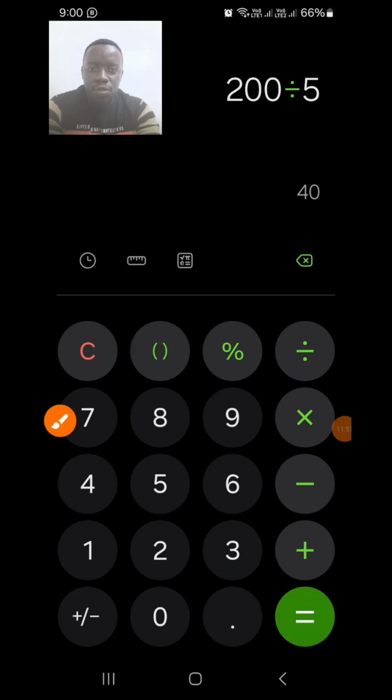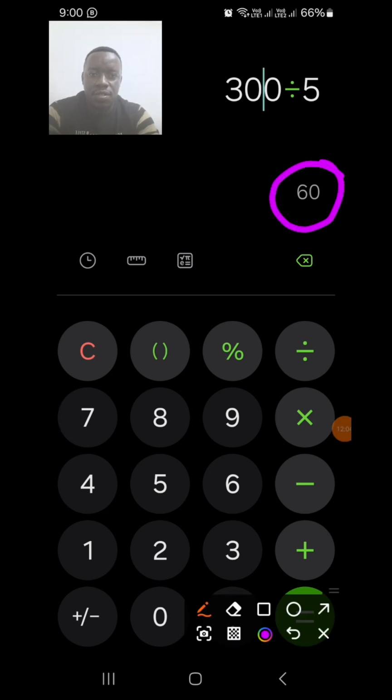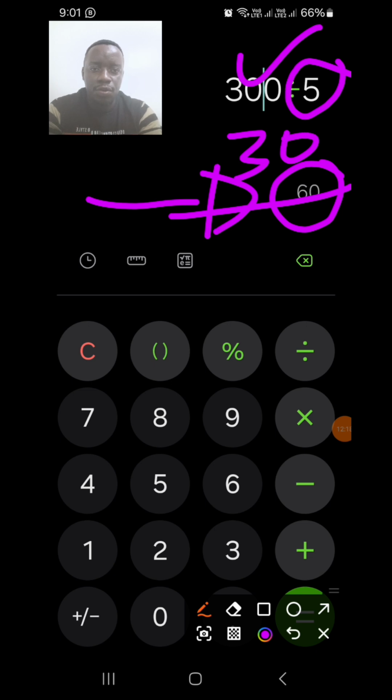Let me also try 300. It gives us 60 as the number of margin calls: 300 capital divided by a first buying amount of 5. It will give you 60 margin calls. This one, at least you can divide by 2 and use 30 as your drop.